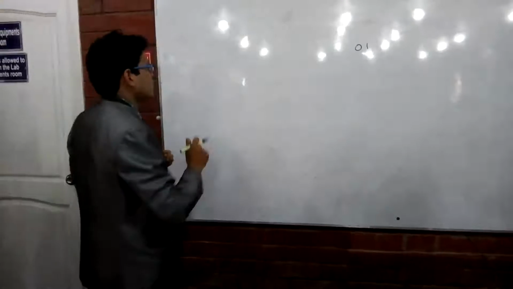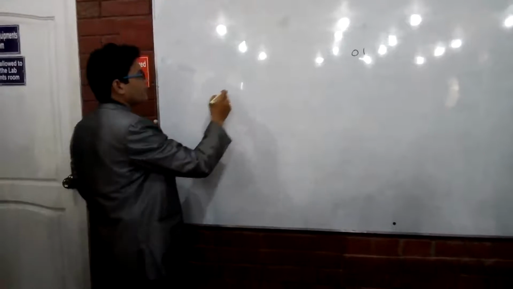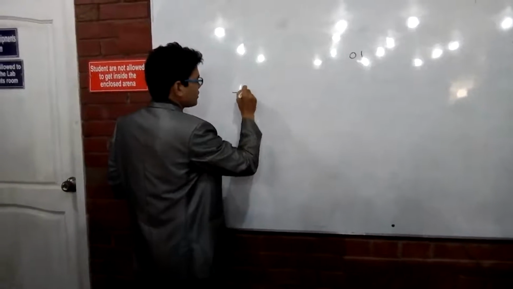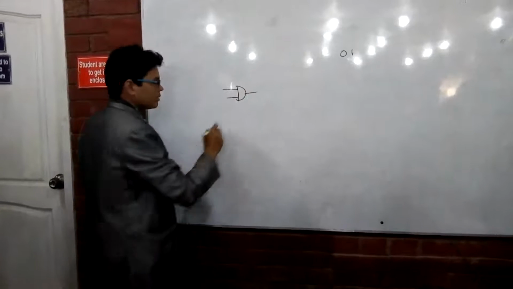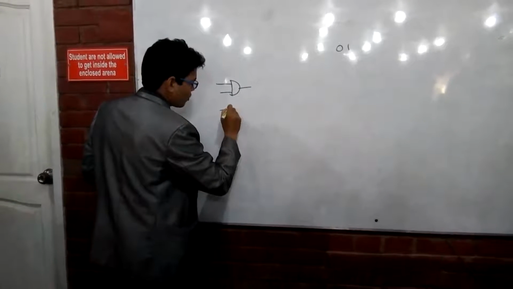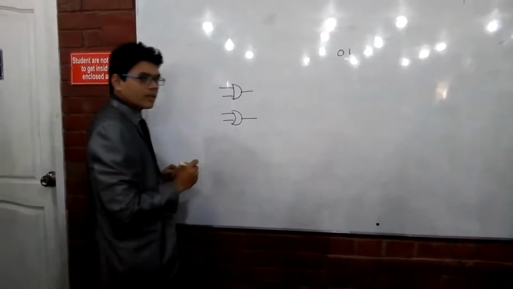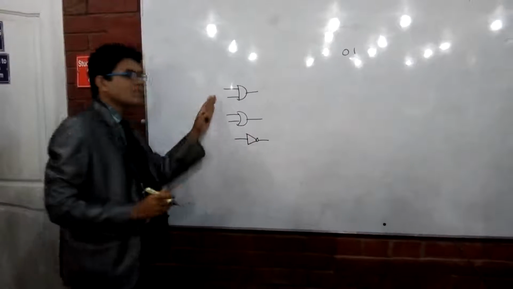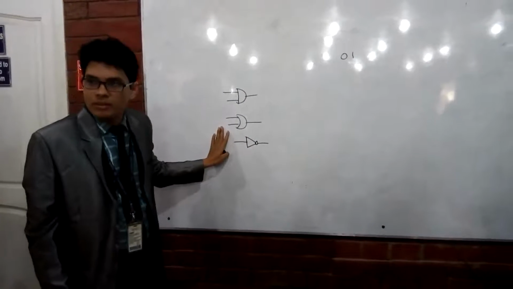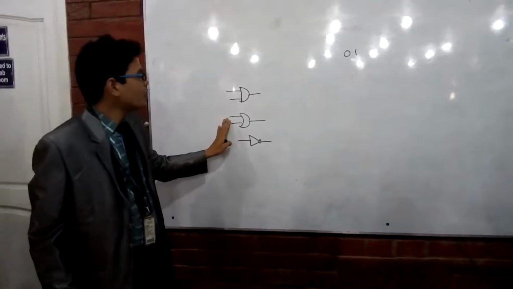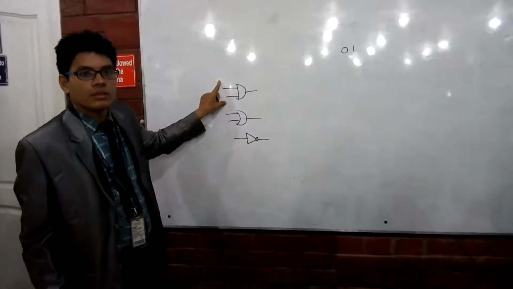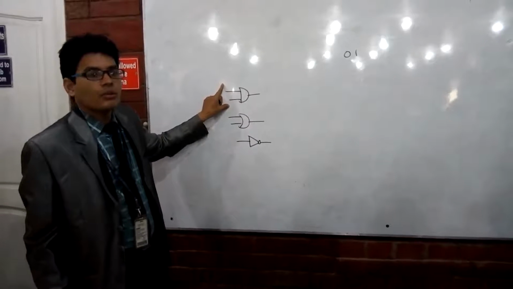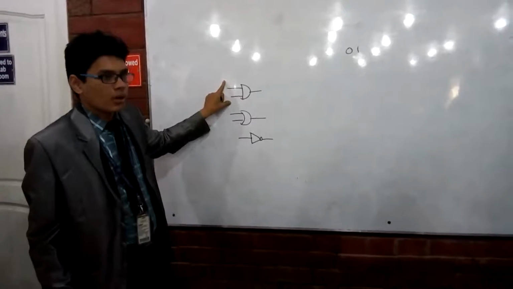Today we have different logic operations: AND, OR, NOT. These are the different things we have learned so far. So today we will verify all of them practically and see how it works.